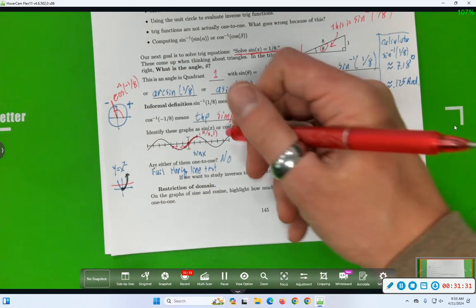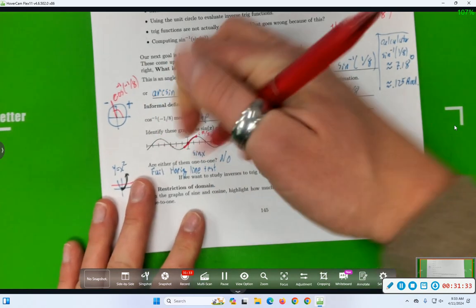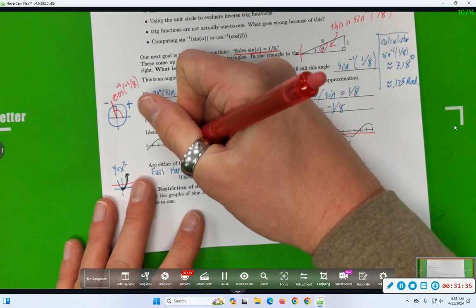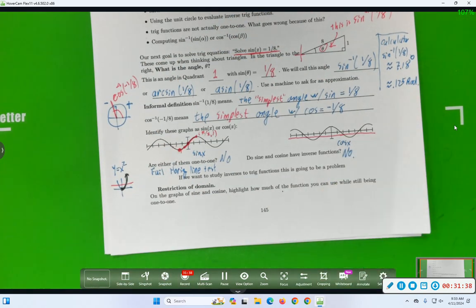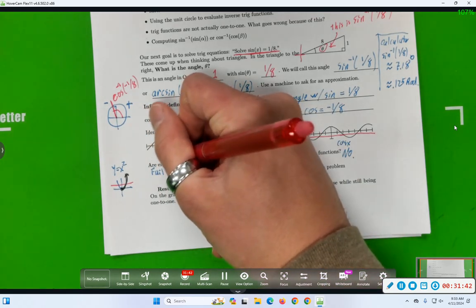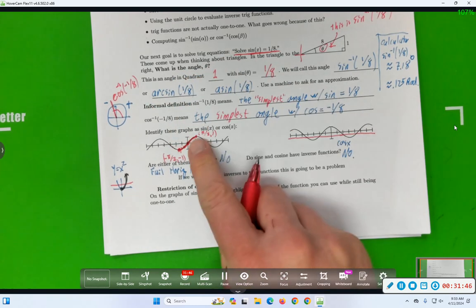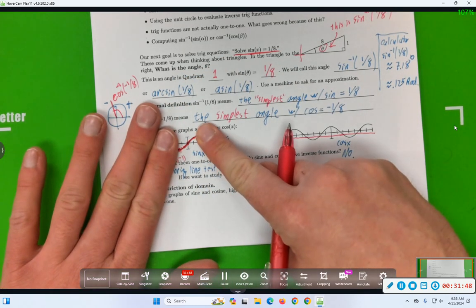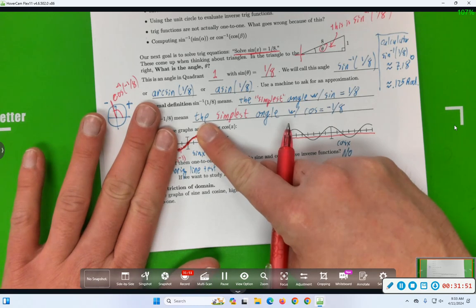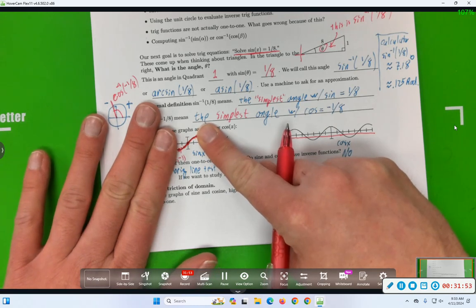It'd be 1.5-ish too, so about negative 1.5. Yeah, at that turning point, right? So I can use this much of the graph of sine. If I only saw that much of the graph of sine, would you say that that is a 1 to 1 function? Yeah. Awesome. There's something we can invert.